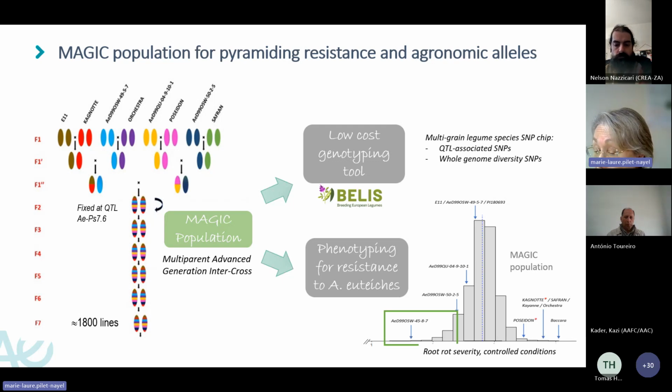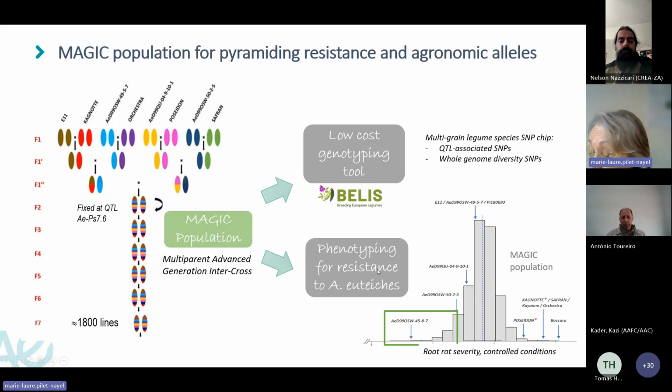We recently phenotyped this population for resistance to Aphanomyces root rot in controlled conditions, and we showed a variation for resistance, with some lines having higher levels of resistance than the best resistant control lines.